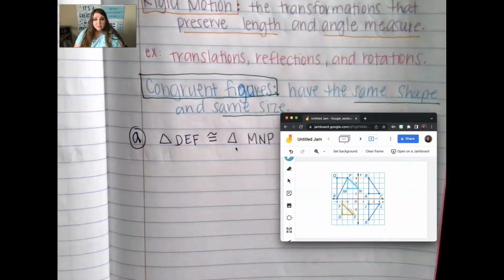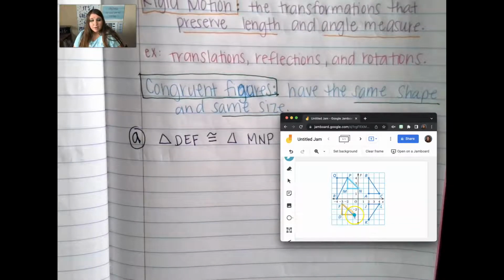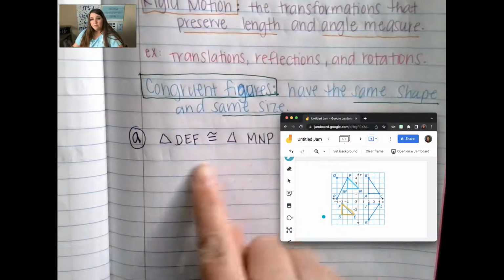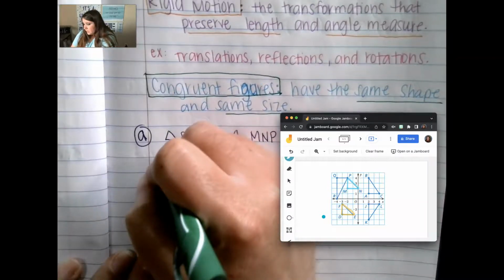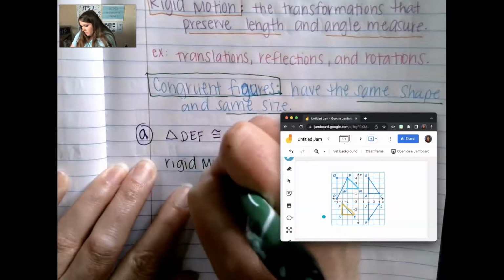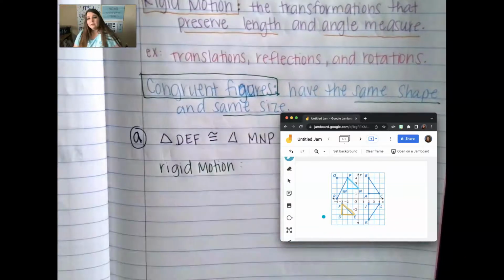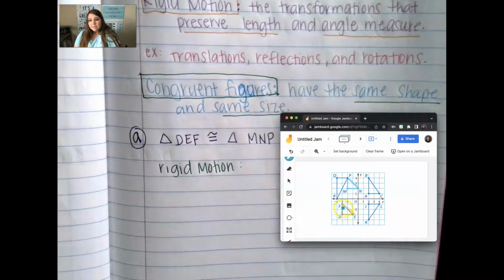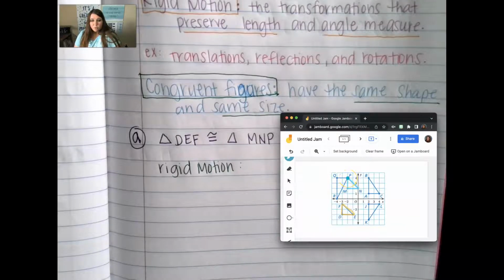The difference between these two triangles, the way that it was created, was a translation. So we can talk about the type of rigid motion. The rigid motion that we can see from this example is that this triangle went up 1, 2, 3, 4, 5, and over 1.